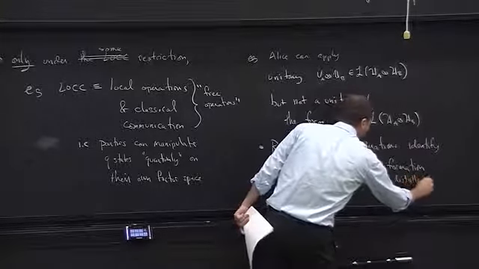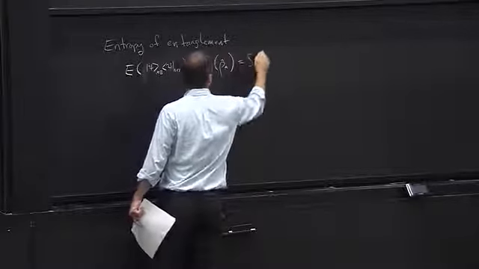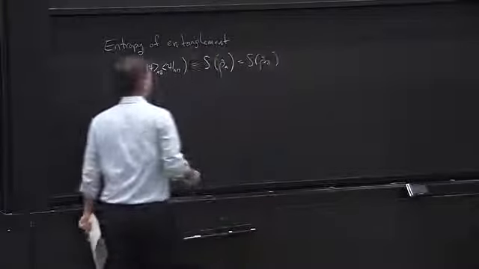The entropy of entanglement for some state rho of AB, let me just actually give this a pure state, for some state psi, is equal to the von Neumann entropy of the reduced state, which is the same for both factor spaces.